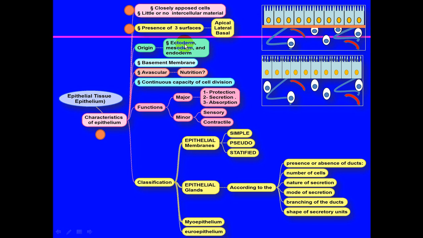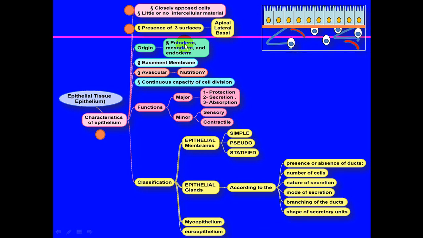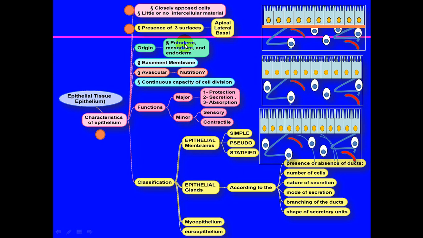Therefore, you will find that the apical surface is covered by three types of specializations. One of them is the microvilli. This one, for example, has projections known as microvilli.